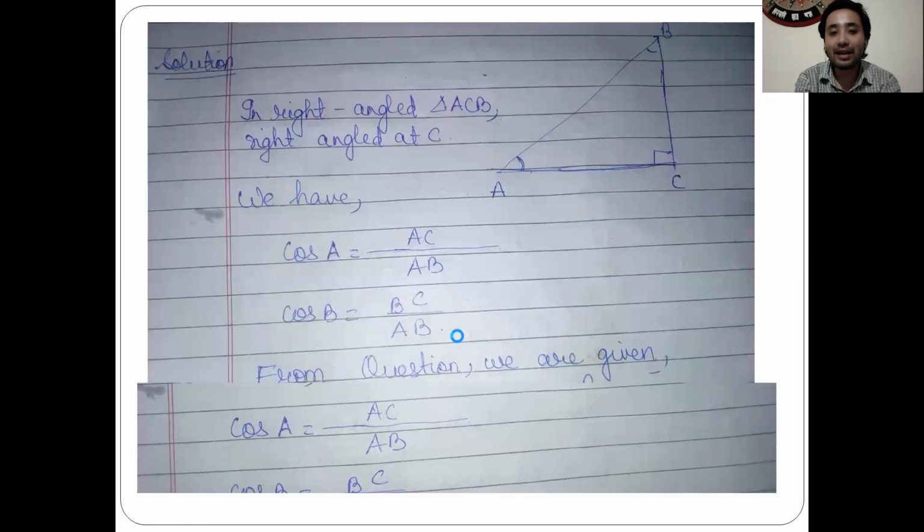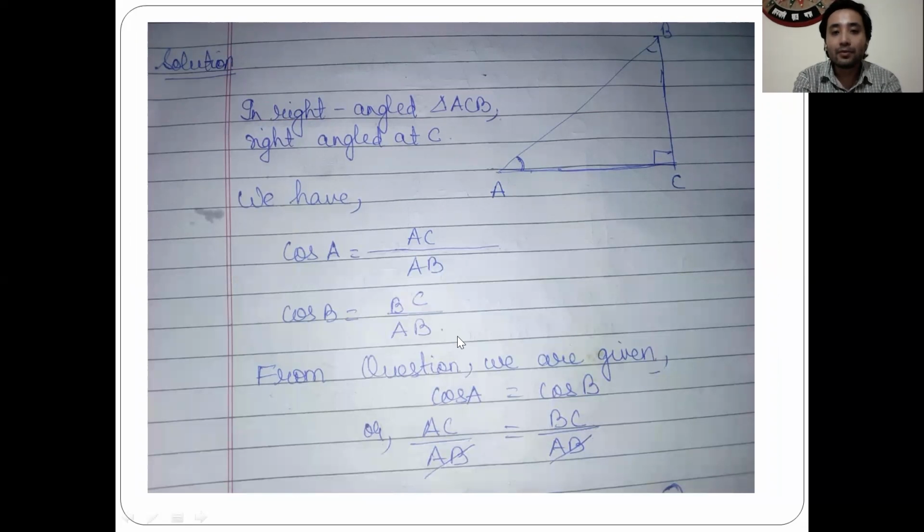AC divided by the hypotenuse. What is the hypotenuse? AB. Yesterday we saw that we can find the hypotenuse as the side opposite to 90 degrees. So this is my hypotenuse, okay? And the base from this point will be the side which touches the foot of the perpendicular. So it is AC. That's why cos A is equal to AC by AB.